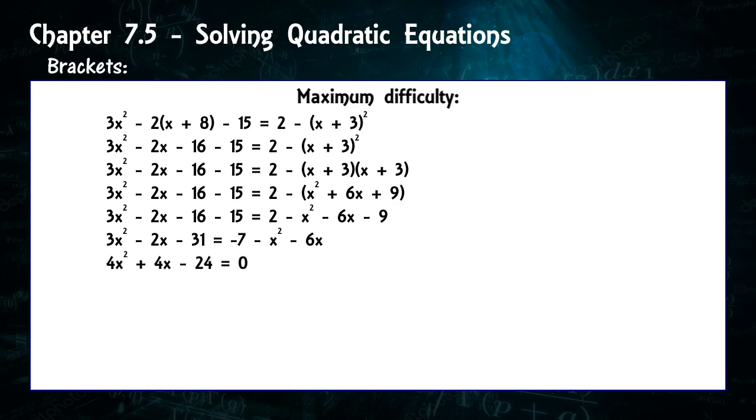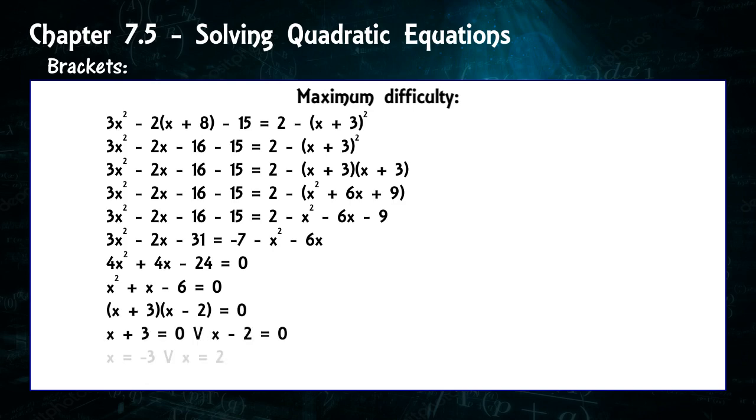The 4x^2 is not what we want, so we divide every term by 4. We then receive x^2 + x - 6 = 0. We factorize it into (x + 3)(x - 2) = 0. And using some small adjustments, we now have the solutions x = -3 or x = 2.